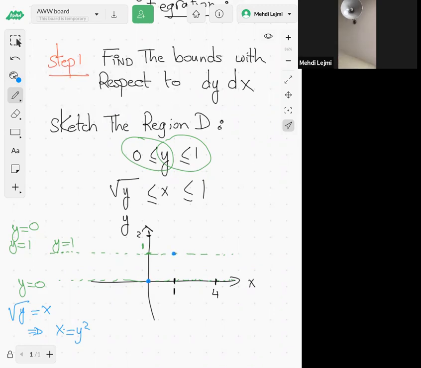If y is equal to 2, x would be equal to 4, etc. If y is equal to -1, x is equal to +1, and if y is equal to -2, x will be equal to +4. So we're going to have this parabola.